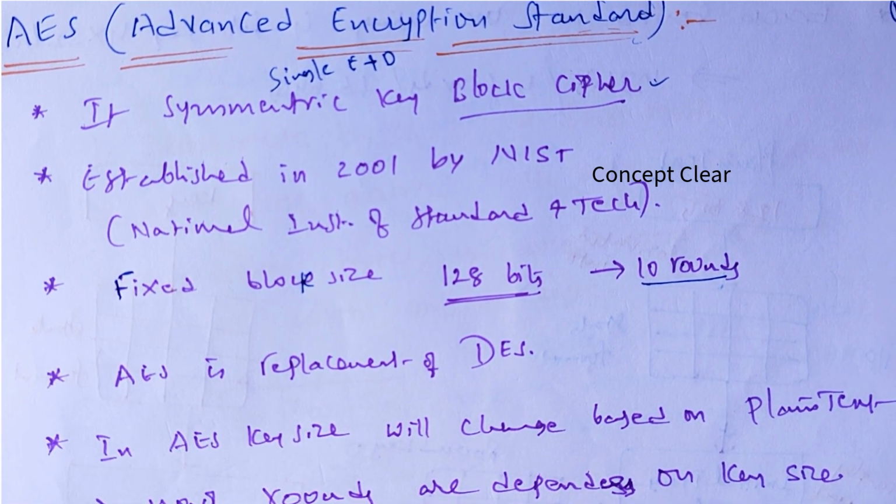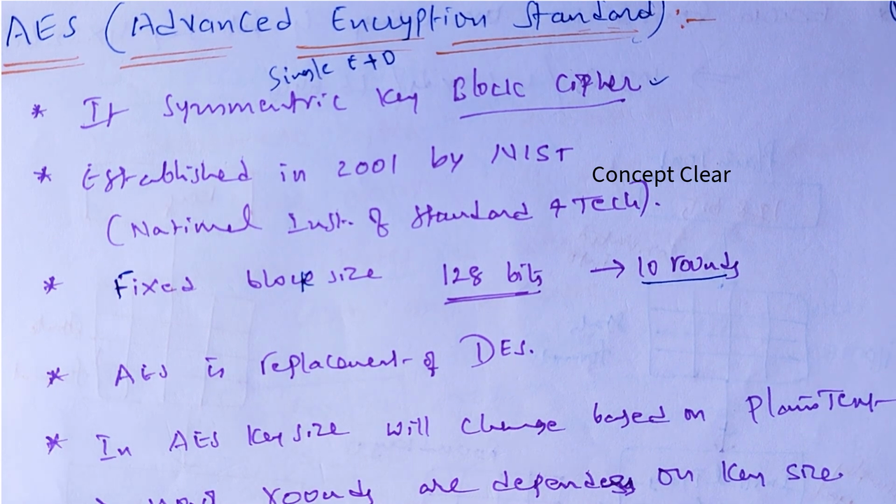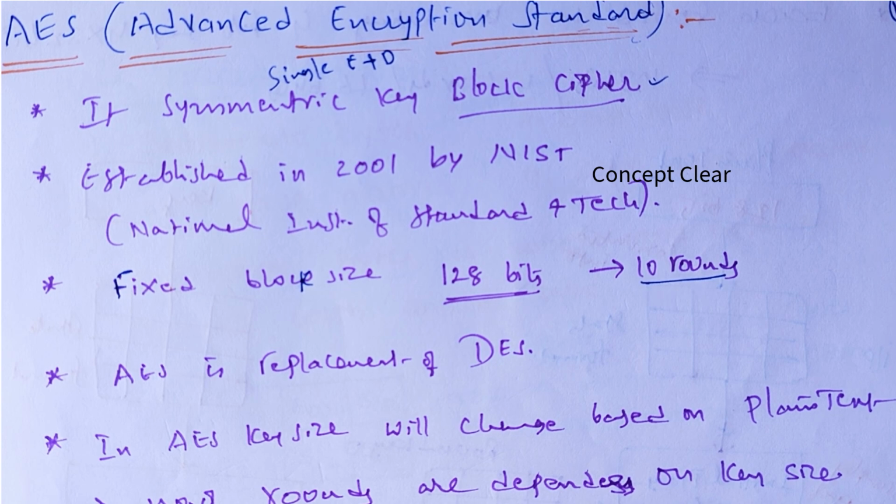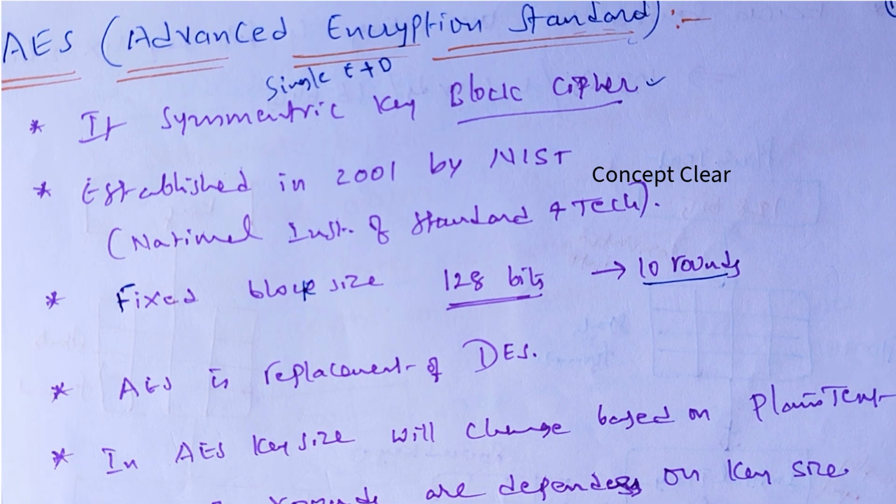And what about DES? In DES we are performing 16 rounds. Here we are performing 10 rounds. AES is the replacement of the DES algorithm.